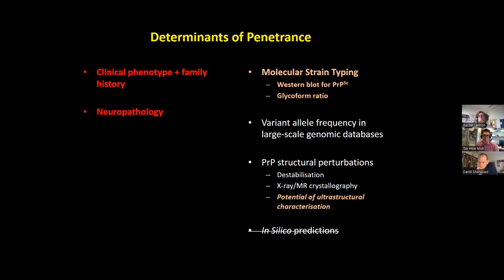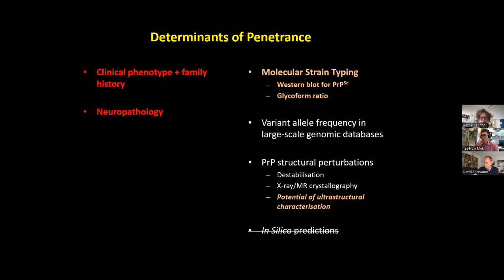And if they're pathogenic, what is their penetrance? It is in these situations that we try to harness multiple lines of evidence, including molecular strain typing, looking at large-scale genomic databases for the variant allele frequency, and also considering the prion protein structural perturbations to give us some idea as to whether these are penetrant or not, and if so, how penetrant.